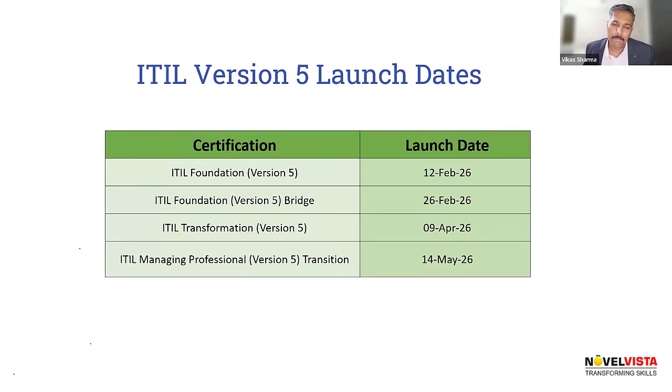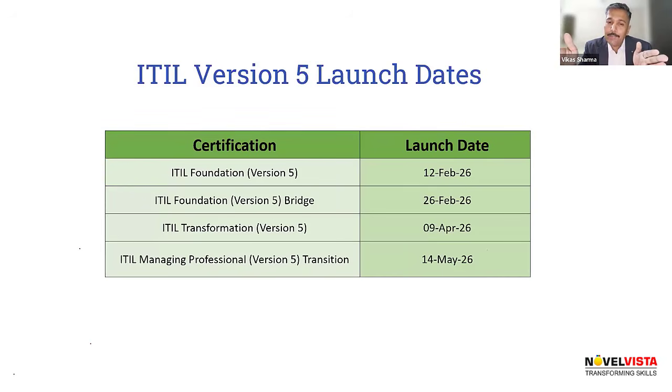Yeah. Is this bridge going to be a temporary period, a bridge and transition? See, I'll give you an example. When we moved from ITIL V3 to ITIL 4, the bridge was active, meaning ITIL V3 was stopped on a certain date.